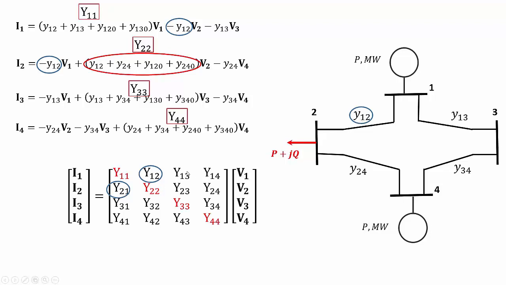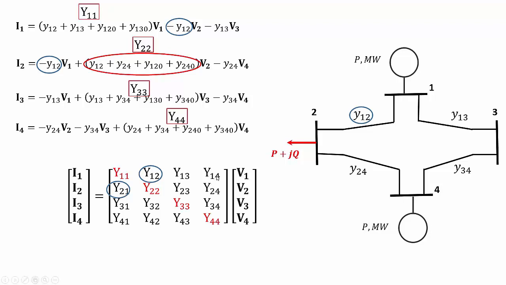Similarly, Y13 and Y31. I have to point out here, lowercase y is the per unit value of the transmission line admittance. The capital Y is the element of this matrix, which we are going to call the bus admittance matrix. The off-diagonal elements are all also equal.